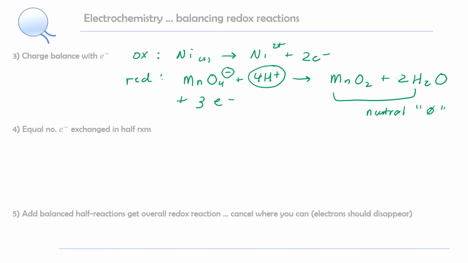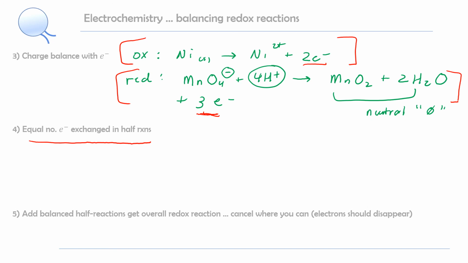The third step, make sure you've got an equal number of electrons exchanged in the 2 half reactions. Currently my oxidation is a 2 electron exchange. My reduction is a 3 electron exchange. So I need to multiply through my 2 half reactions so that I get the same number of electrons exchanged.